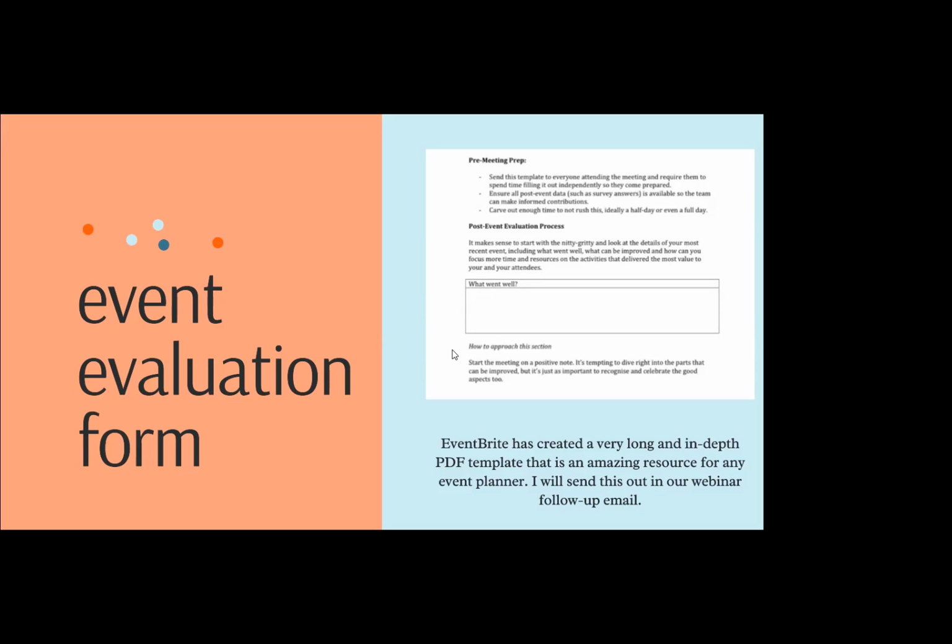After I send this amazing resource to you, you can use it, or you can take the model of it and make your own version for your event. It might not benefit you to have a 6-page document for each event, but at least this will give you a nice backbone if you wanted to create your district-specific event evaluation form.